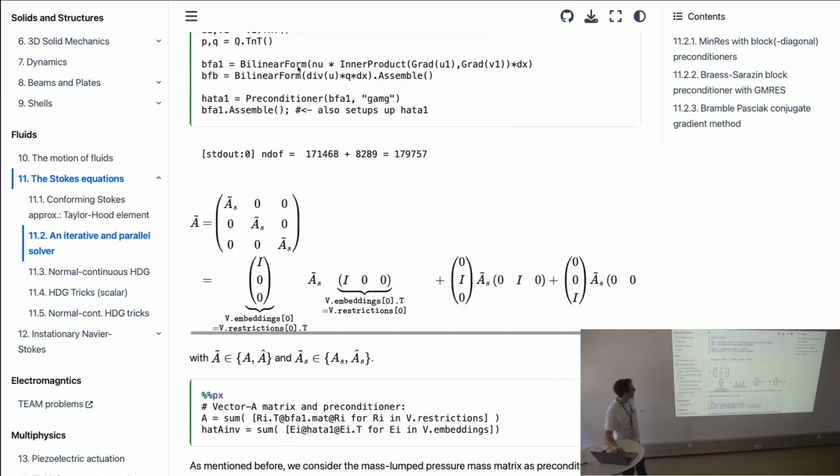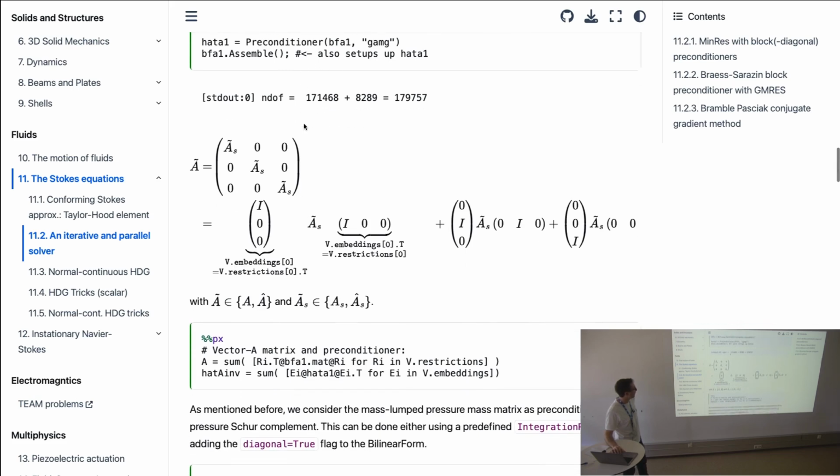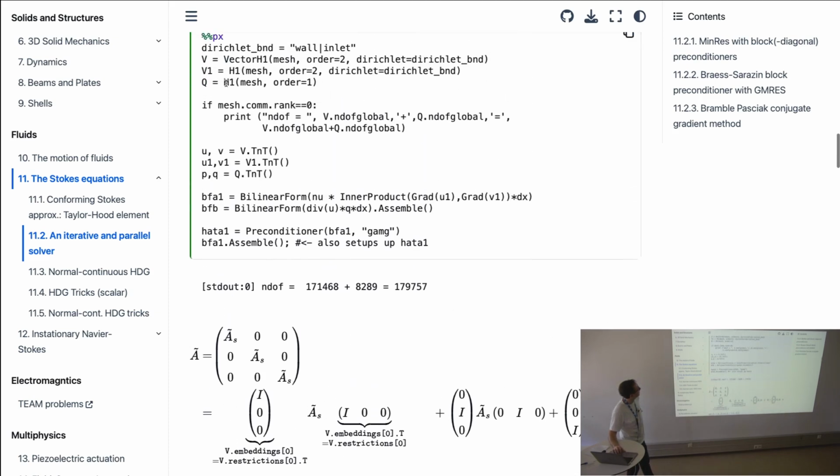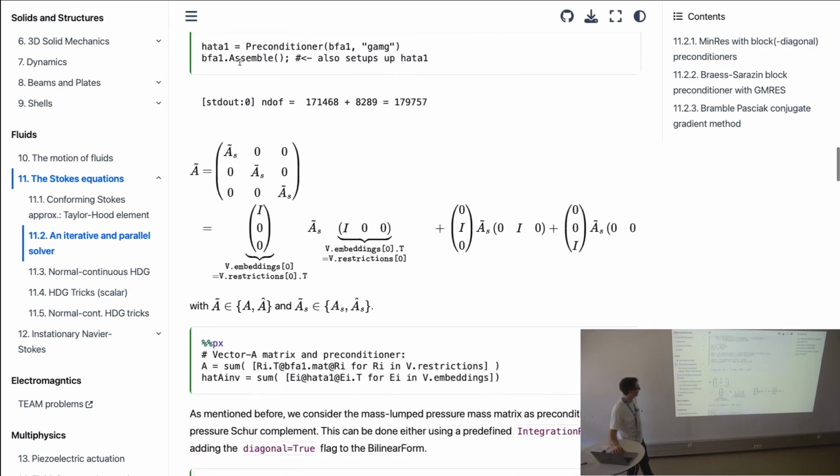Okay, and as mentioned, we have this scalar part, and now we want to define the corresponding preconditioner for our vector valued block, for this capital A tilde, which corresponds to a solver for each of these scalar components. The main idea is that we are able to use embeddings and restrictions which are available by this vector H1 space, which allows you to get an embedding and the corresponding components.